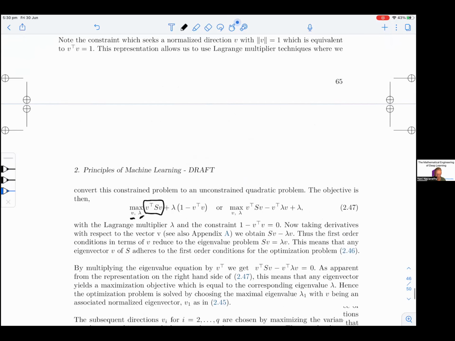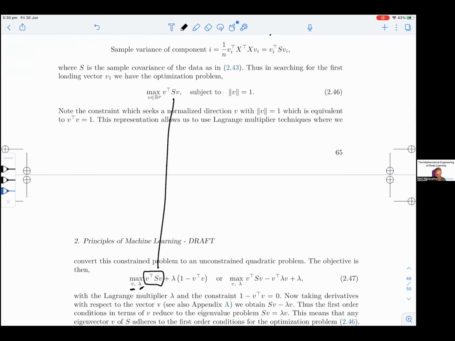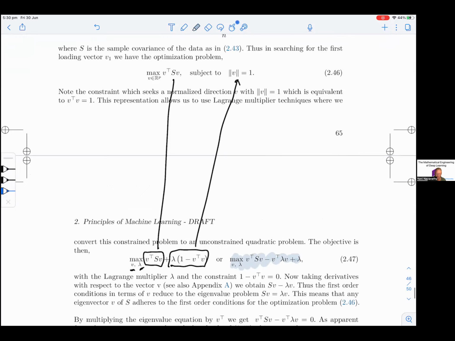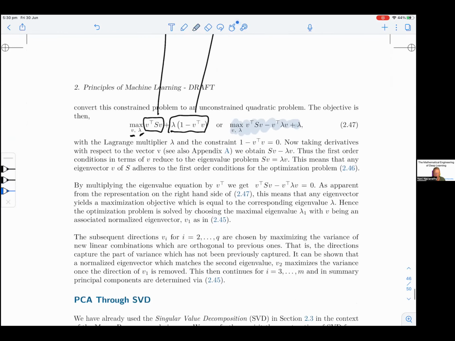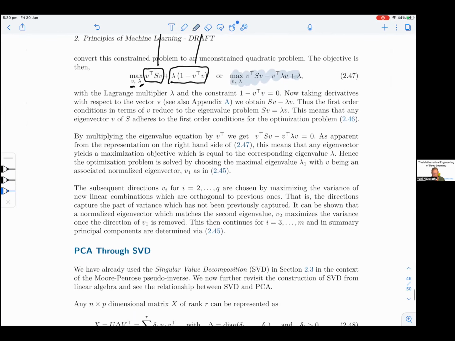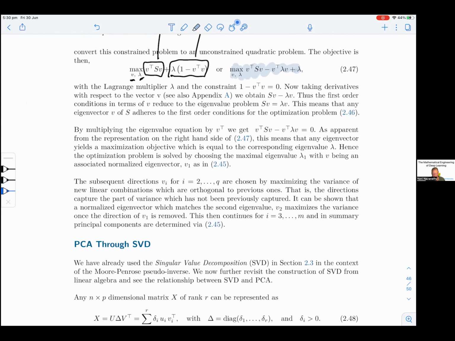So that's the previous objective here, plus this is the constraint. Or we can just reorder this and write it as this maximization problem with a Lagrange multiplier lambda and the constraint 1 minus V transpose V equals 0.